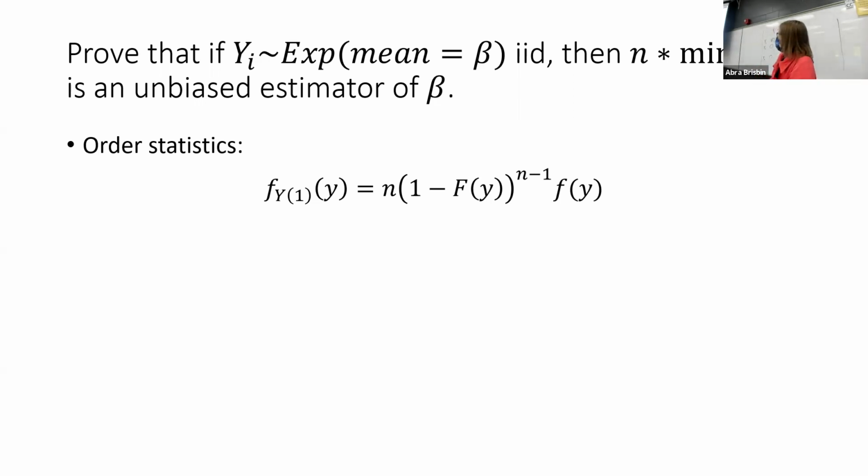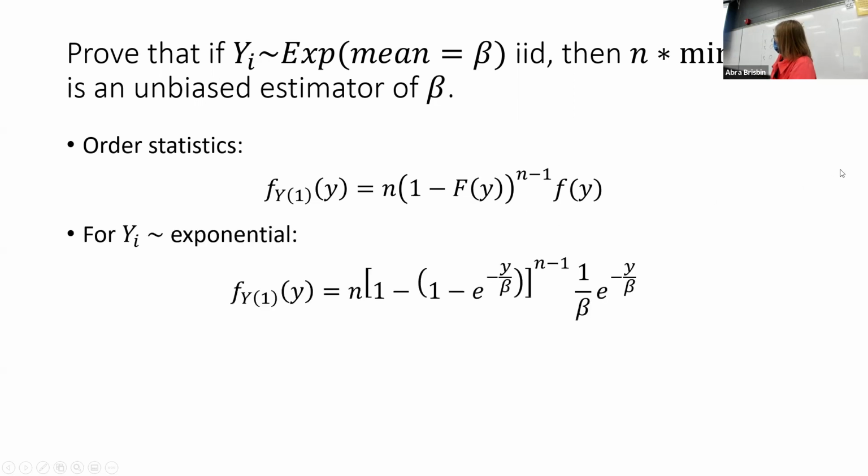So if we take the density function and CDF of an exponential distribution and plug them in here, we get n times 1 minus e to the negative y over beta, all to the n minus 1, times 1 over beta e to the negative y over beta.